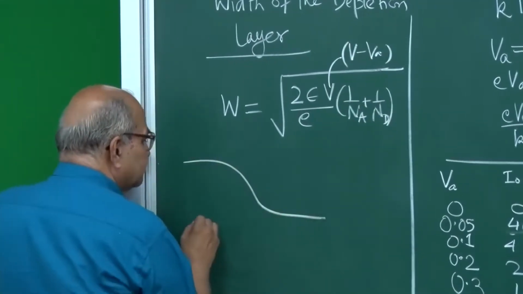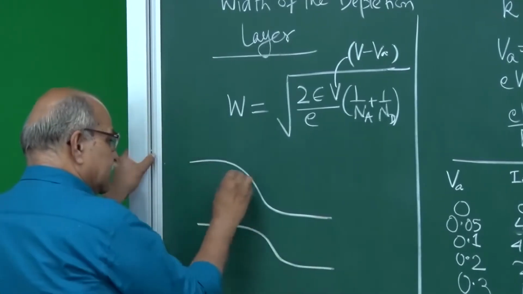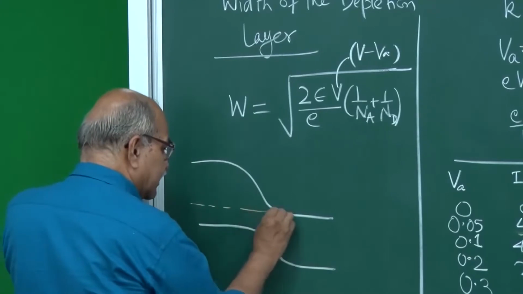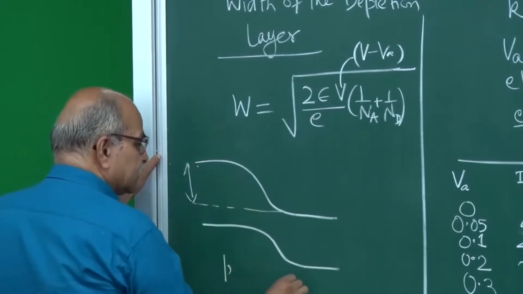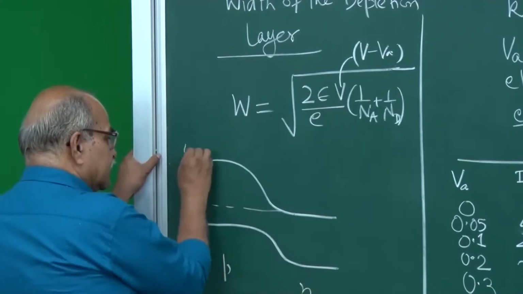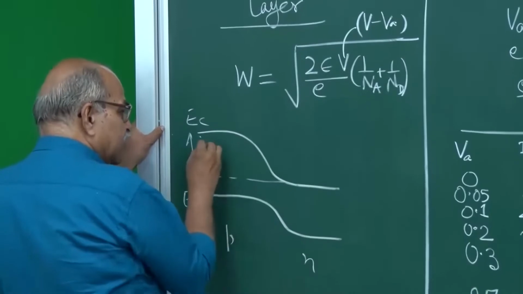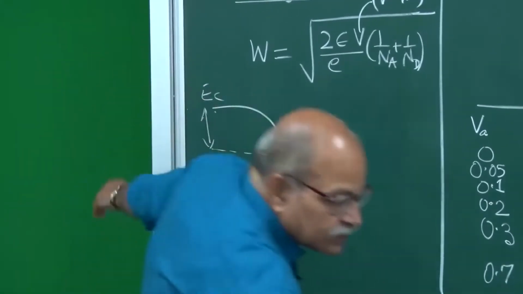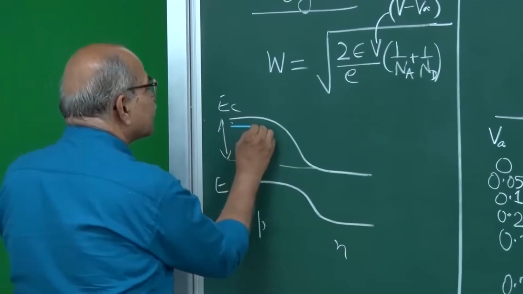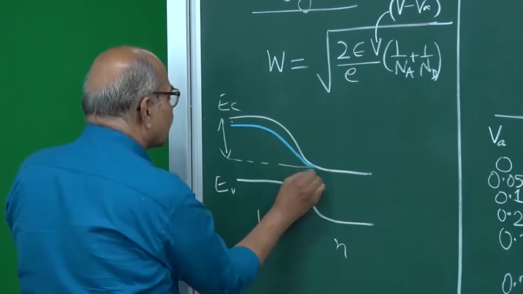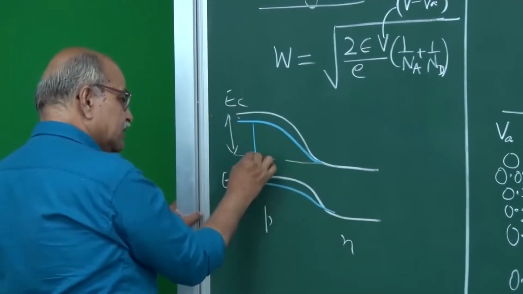If this is how the bands are, then this is the barrier height. This is the P side, this is the N side, and this is EC, and this is EV. And when you apply this forward bias, this EC reduces to some lower value, like that, and hence the barrier is decreased.